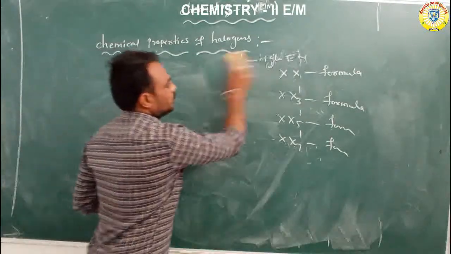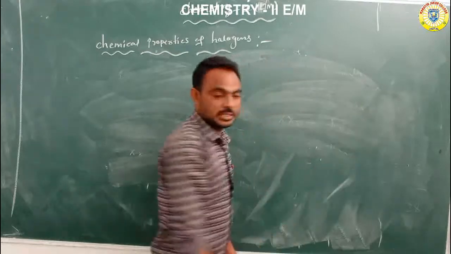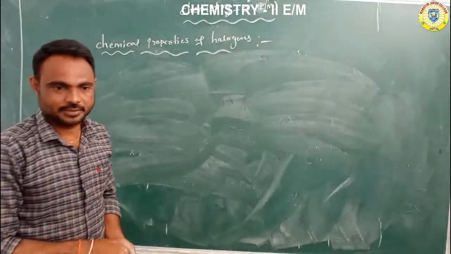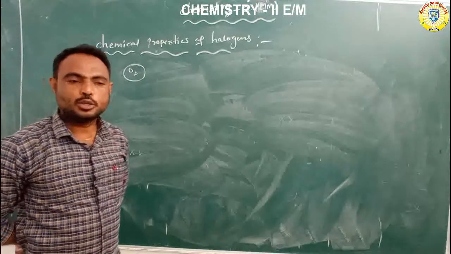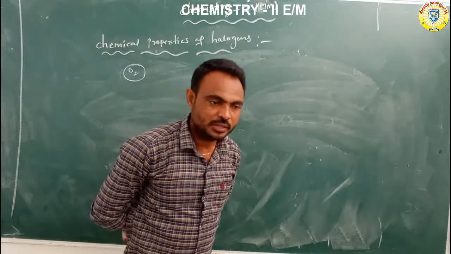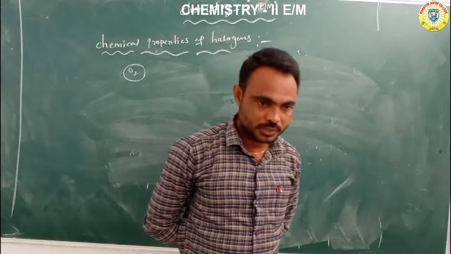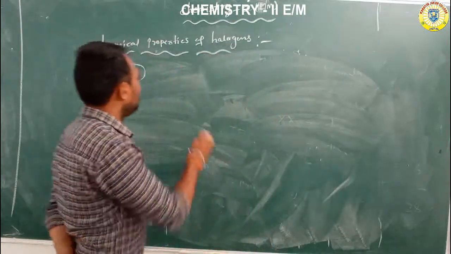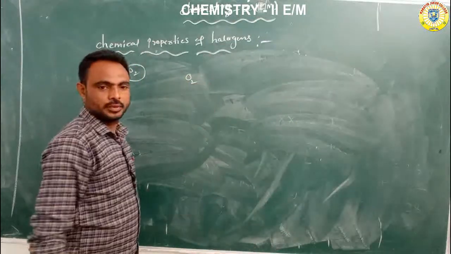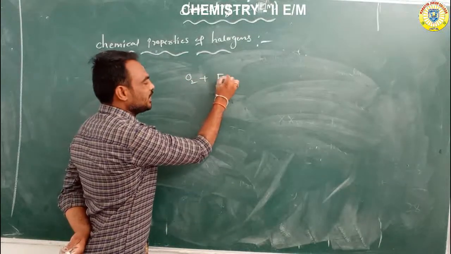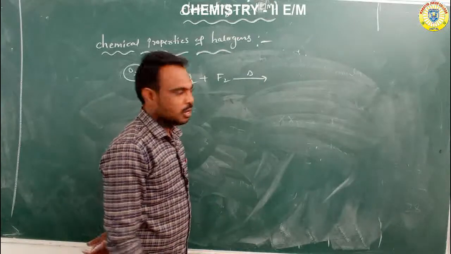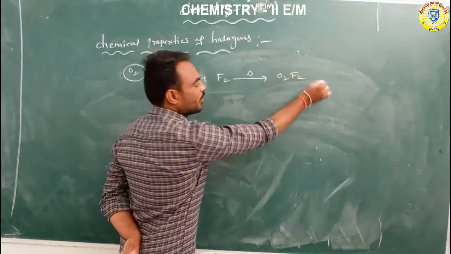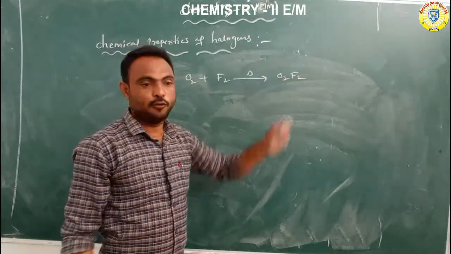Next, halogens react with oxygen. Halogens react with oxygen to form a number of compounds. Suppose for example oxygen reacts with fluorine at higher temperatures to form O2F2, dioxygen difluoride.